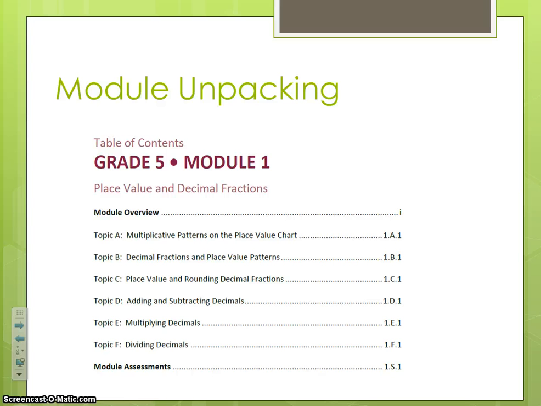Within the module itself, for example, in the grade 5 module 1, you'll see the table of contents using a system of measurement. For example, if you look at topic A, it's labeled 1A1, and that represents the module, the first number, and the second character will be the topic or section within the module, and the last number 1 will represent the actual page number within that unit or topic.